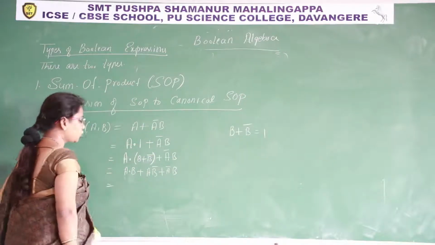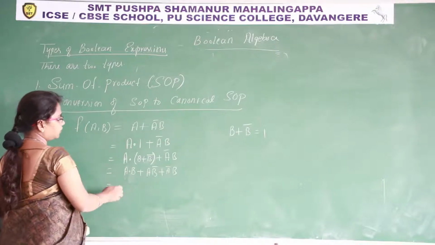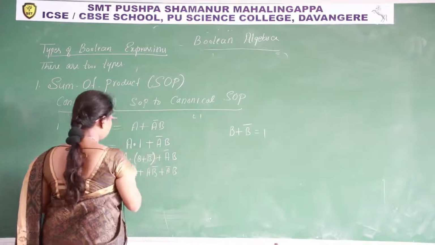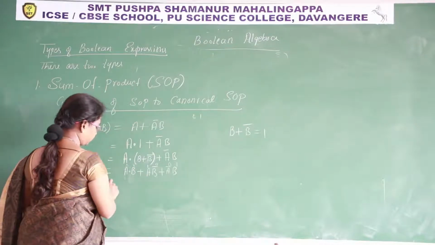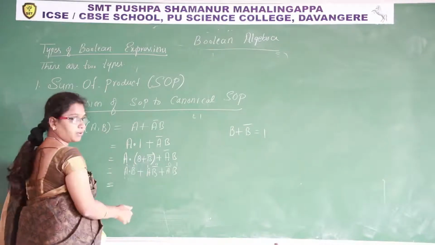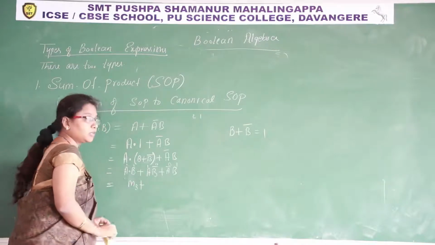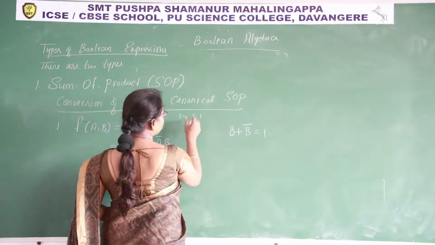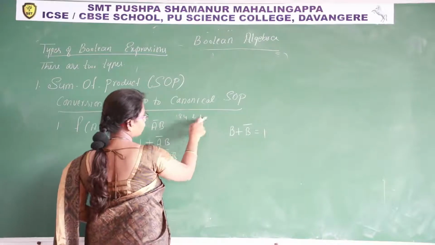Now write the shorthand notation for this. A dot b, two variables, no? You can apply 2 1: 1 1, 1 0, 0 1. What is the value of 1 1? 3. You should consider from the LSB. 8 4 2 1, if 4 variables are there, we should consider all 4 bits.